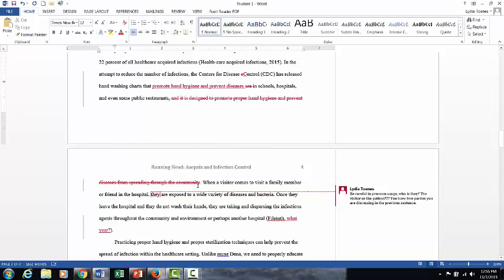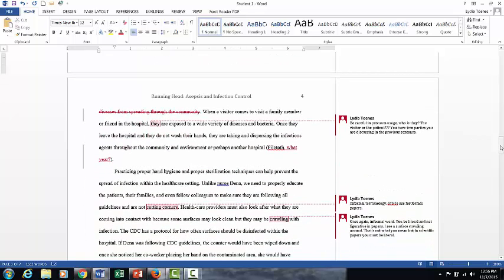Let's see. Vague pronoun usage. It's hard for me, and anybody who's reading in general, to figure out one from the other when you have two parties in a sentence and then you use a pronoun. So for instance, when a visitor comes to visit, and that's a redundant term, visitor and visit, I would probably change visit.